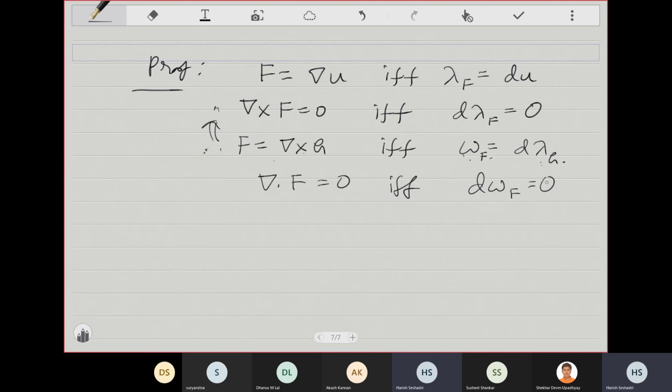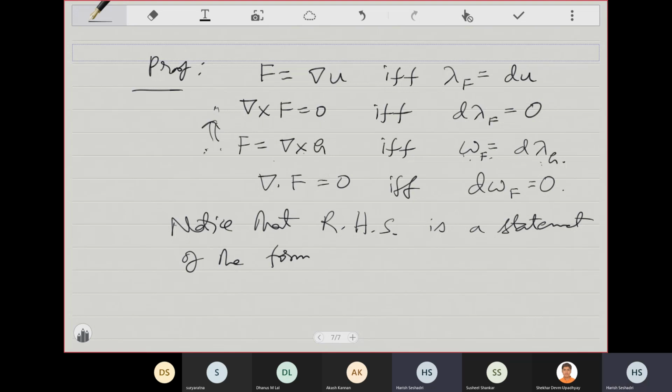So if you see the pattern here, what is going on? Notice that the right hand side is a statement of the form eta equal to d alpha or d eta equal to 0.